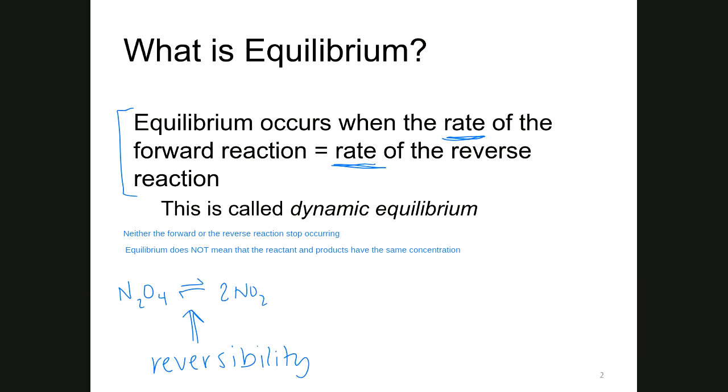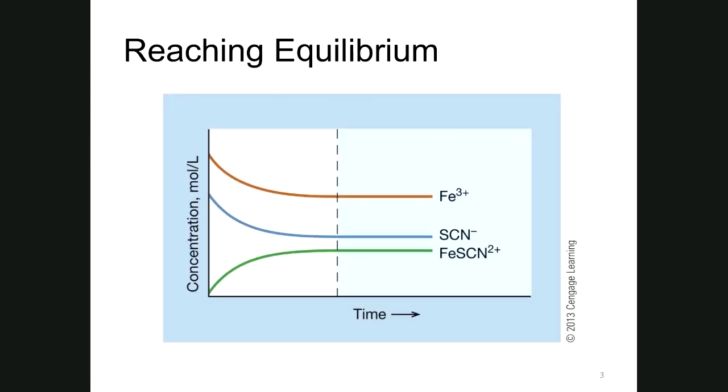So let's take a look at what this actually looks like in a graphical portrayal. Here we have our starting concentrations of our reactants. Reactants are going to start at a high concentration, right? Because that's what we're beginning with. Whereas our concentration of product is essentially 0.